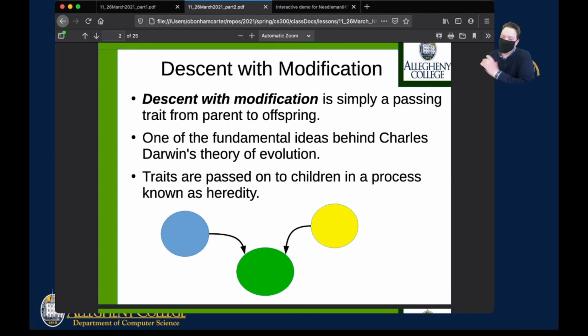Anyway, let me start with descent with modification. What we're really talking about is The Origin of Species, one of science's best books, by Charles Darwin. He went to the Galapagos Islands and looked at some of the animals on these islands, which were evolving separately from the other islands he'd been to.